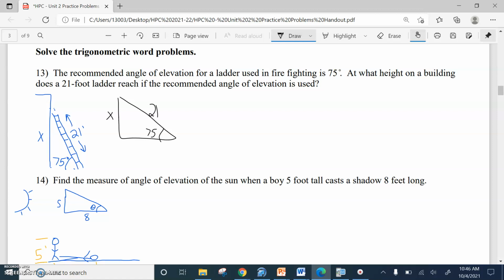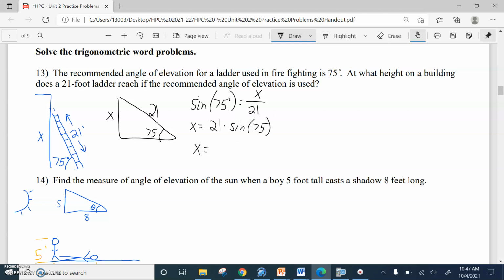So we're going to set this up as a sine function and say sine 75 is x divided by hypotenuse 21. So when we multiply both sides by 21, we get x is equal to 21 times the sine of 75.